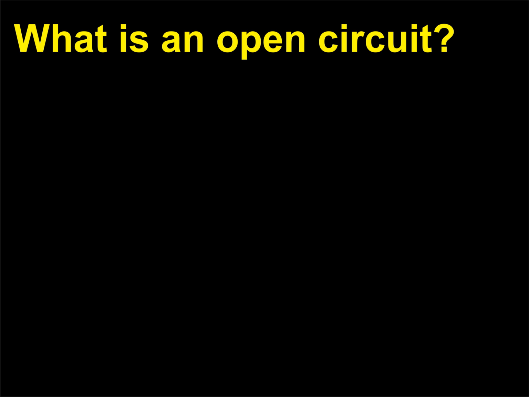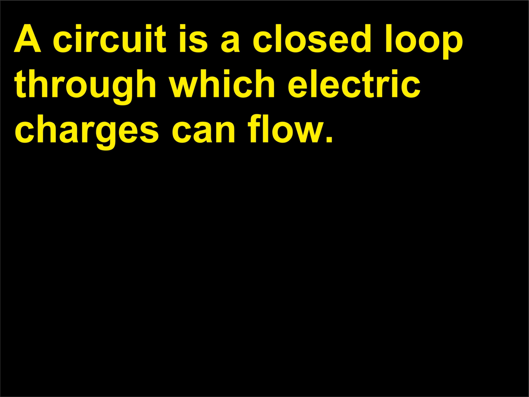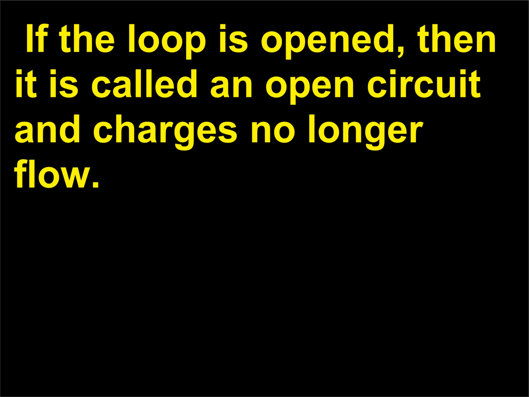What is an open circuit? A circuit is a closed loop through which electric charges can flow. If the loop is opened, then it is called an open circuit and charges no longer flow.